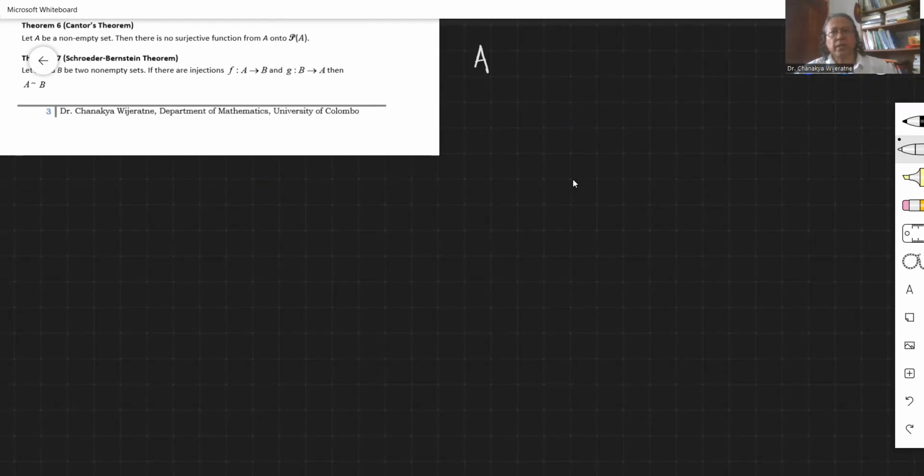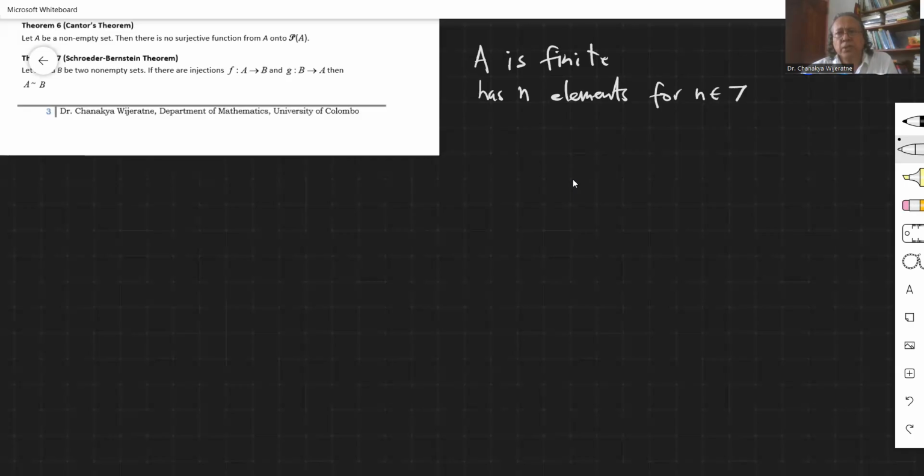A is a non-empty finite set, so A has n elements for some positive integer n. And how many elements are in the power set of A?